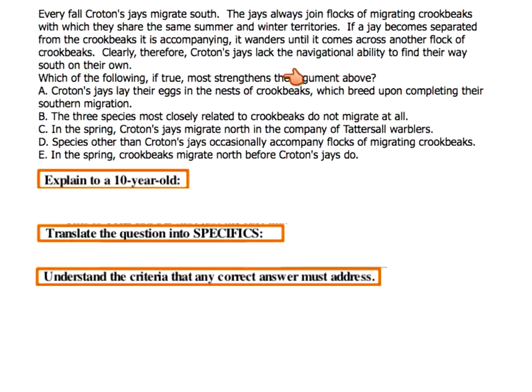In other words, this should be slow and the answer choices should be fast. Because you want to understand this. If anything is unclear in the text, slow down, make it clear. But then once you understand what the issue is, don't dither over what the issue is. Because whatever you first think is the issue in an imaginary conversation in real life is definitely going to be the issue.